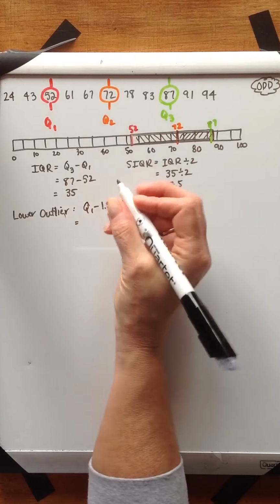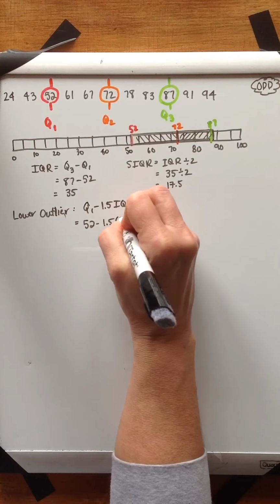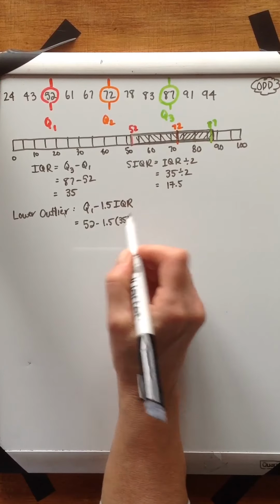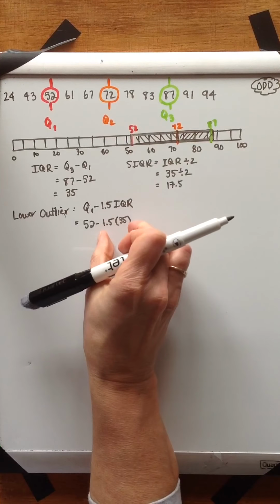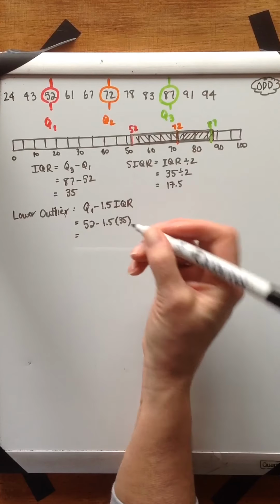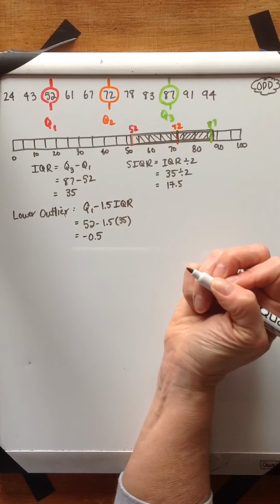So plugging in some numbers, we get 52 minus 1.5 times 35. Or you could substitute all of this with 52 minus 52.5. And when you do this calculation, you find that the lower outlier range should be negative 0.5.